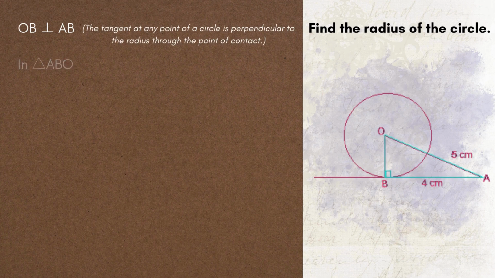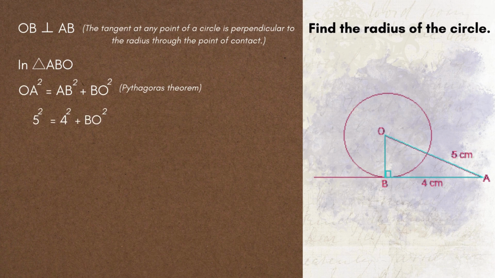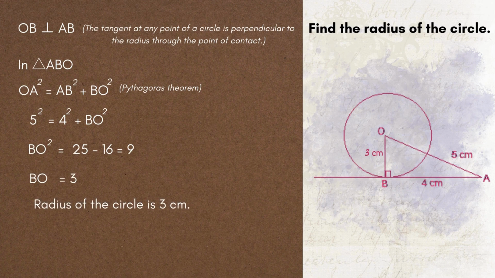In triangle ABO, OA square would be equal to AB square plus BO square by Pythagoras theorem. That means 5 square is equal to 4 square plus BO square, or we can say BO square is equal to 9, and thus BO, that is the radius of the circle, is 3 centimeters.